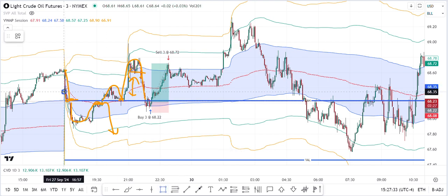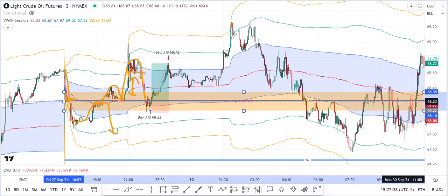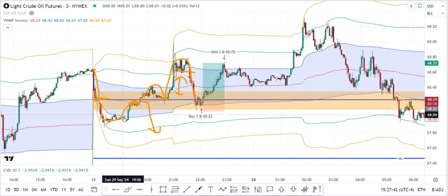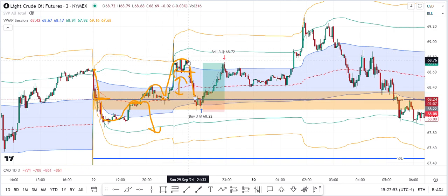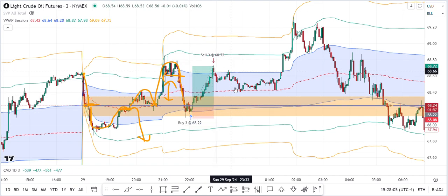Right here, I'm going to be looking for entries, and I want to be going long, just because the market showed me there's a willingness to go short, but the buyers are stepping in and overpowering the sellers here. Then buyers kept it above. It came back, but it came back into VWAP. In this VWAP area is where I took my trade. I took a buy here, closed up here.